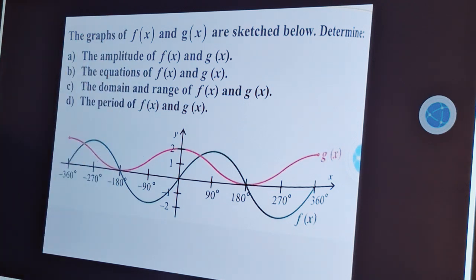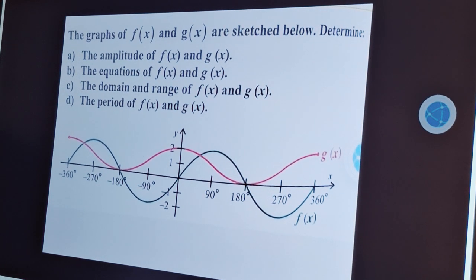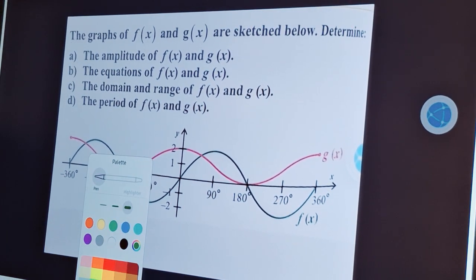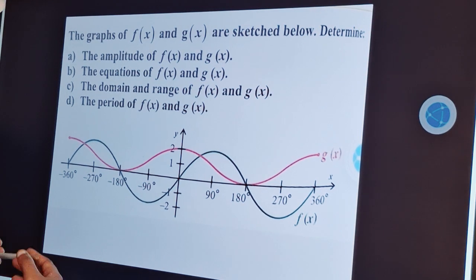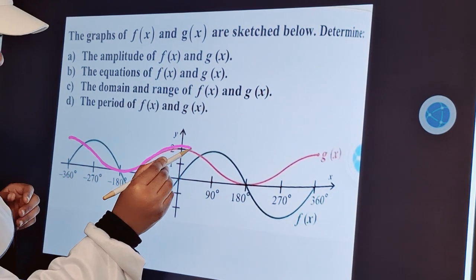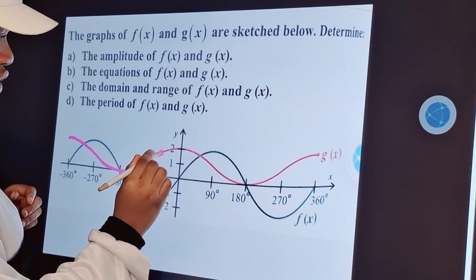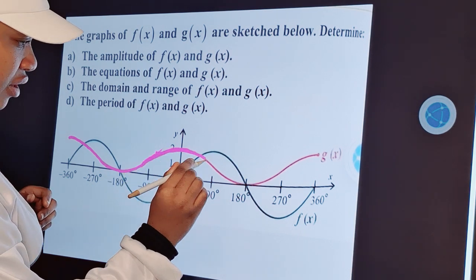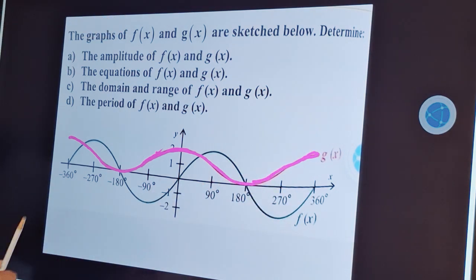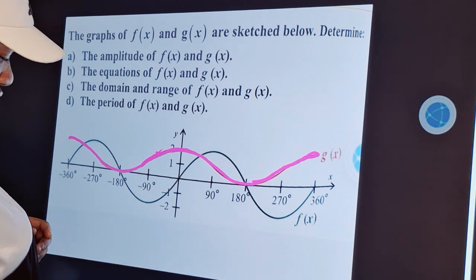Amplitude is actually a very easy thing. First of all, let me highlight this. The graph of g(x) is a cosine graph. Then the other one, the green one, is the graph of f(x).